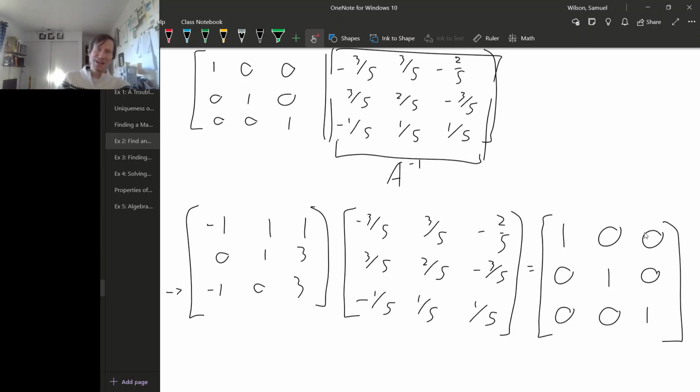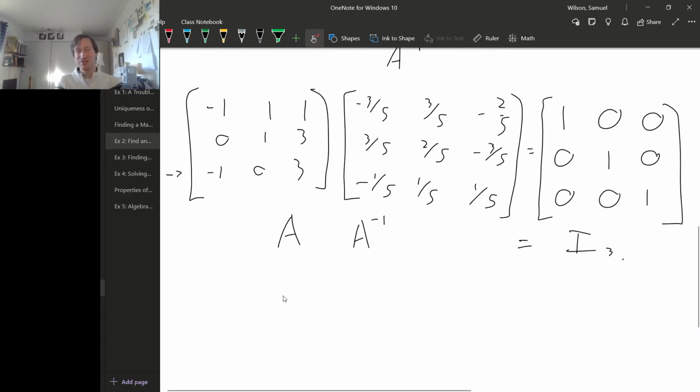Okay, it worked. So we got A times A inverse is the identity of size 3. To be 100% sure that this is the inverse, we really ought to check the other way around, but it turns out that if it's an inverse on the right, it has to be an inverse on the left as well, assuming that both matrices are square.